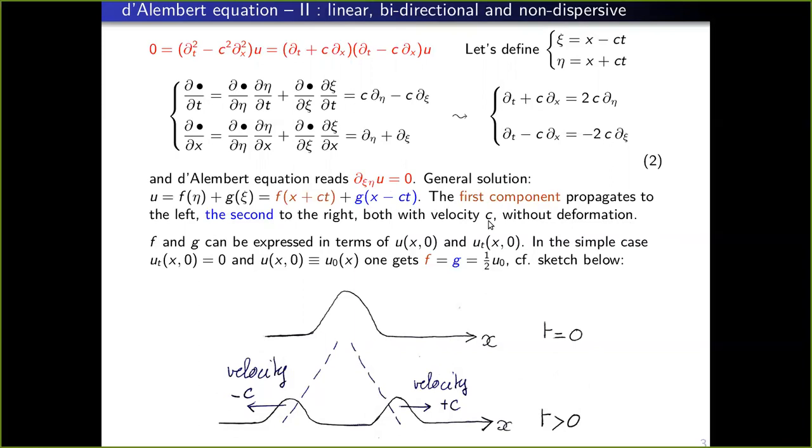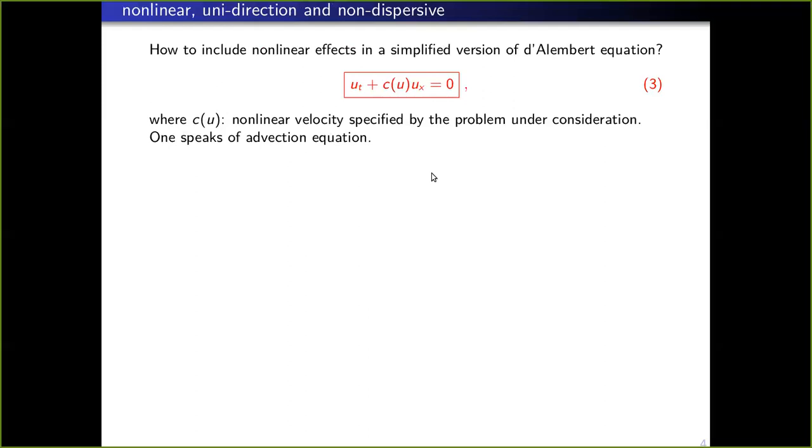So before turning to the nonlinear problem, let's remove this bidirectional character. Let's make it simple by only keeping one of the two derivatives. So for instance, keep one of them, say the first one.